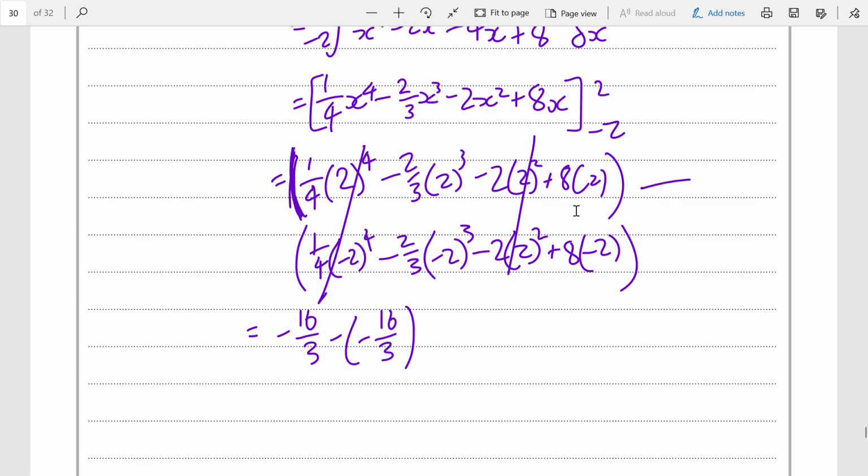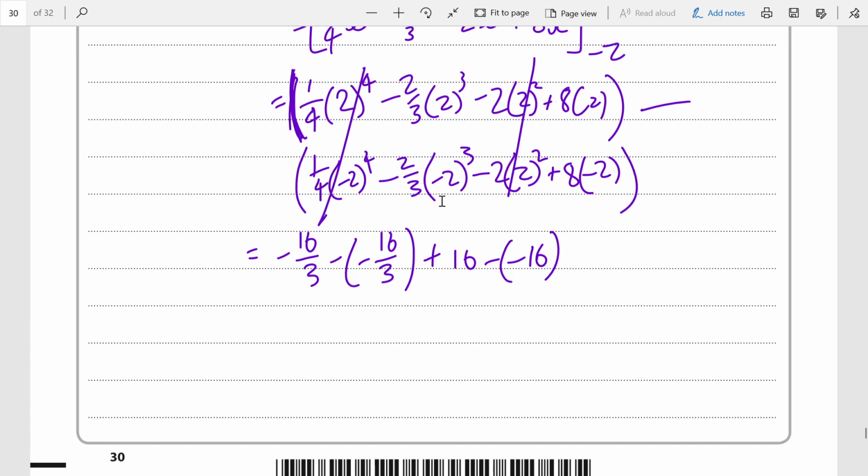And then plus 8 times 2, so this would be 16, and then minus 16. Just to be clear, this is from this term, and this is the negative of that term over here.